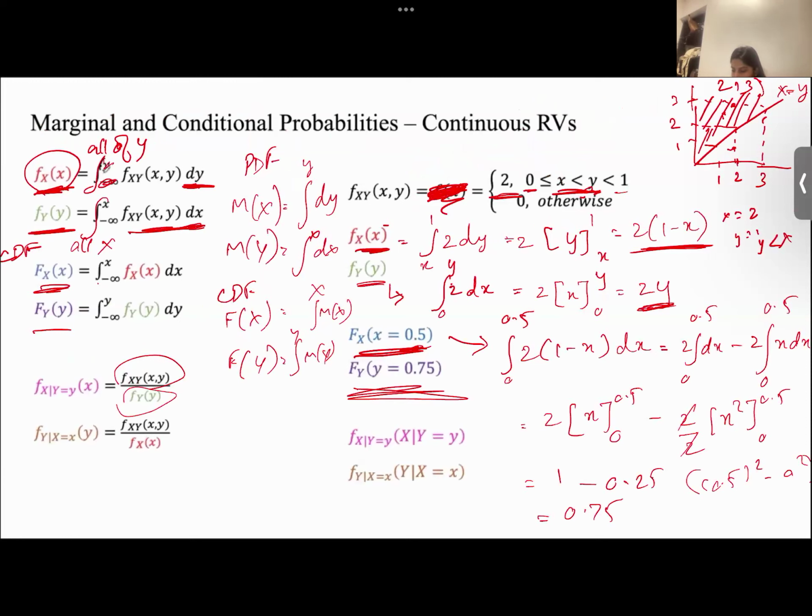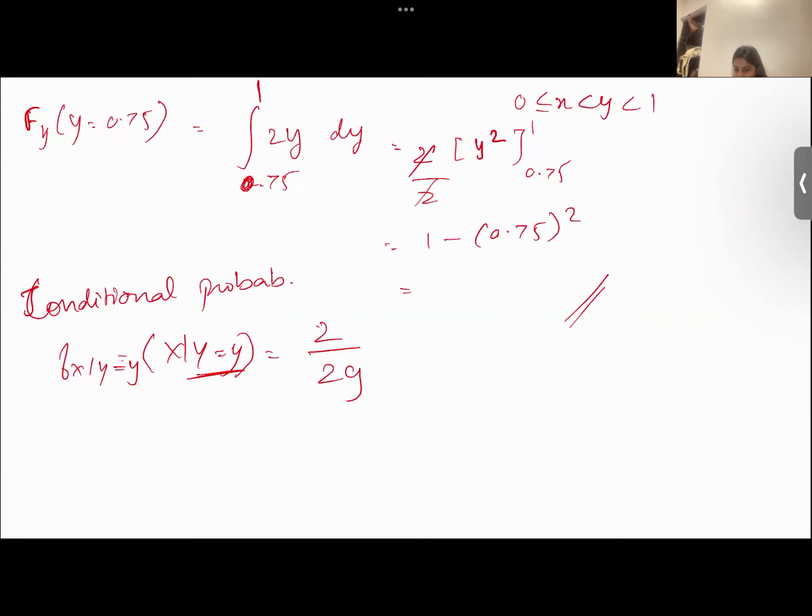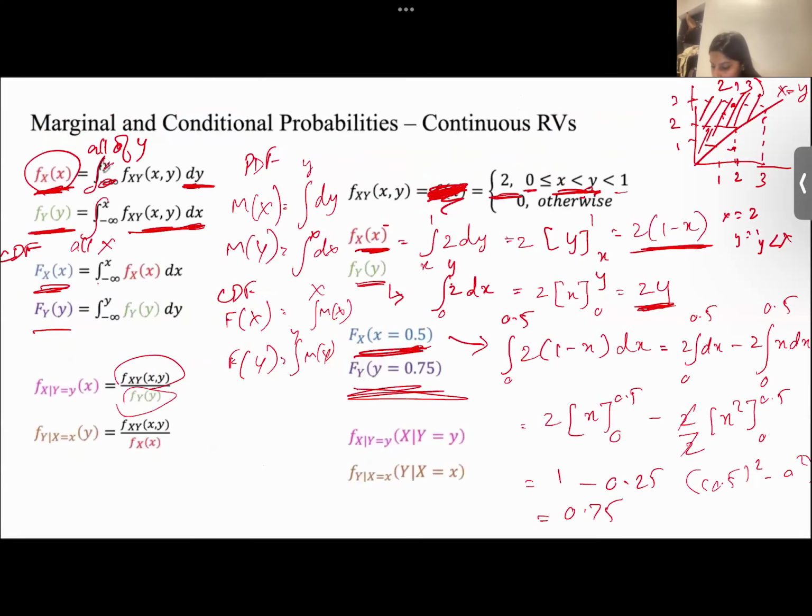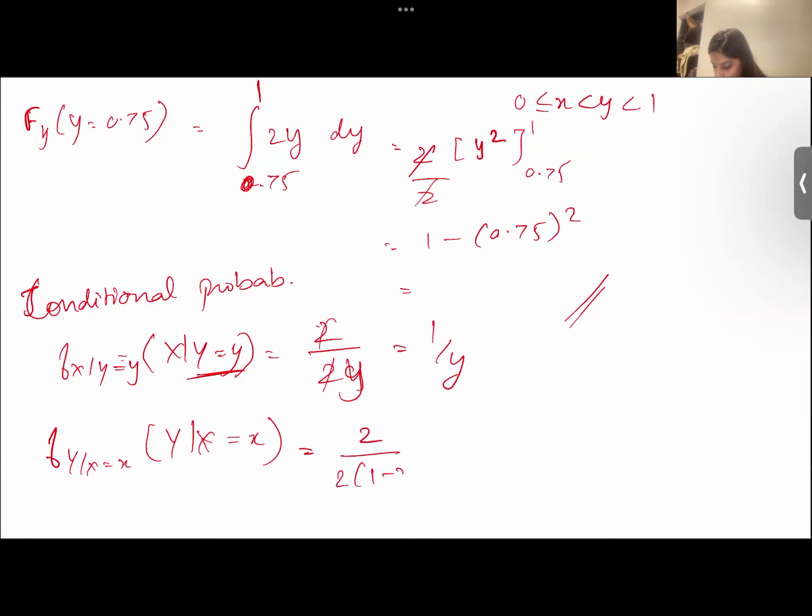We calculated it here, 2y, right? The marginal probability of y here is 2y. So we write 2y, we cancel these, 1 by y. And similarly, f of y given x is equal to x. Your joint probability is 2 divided by the marginal probability of x, which was 2 into 1 minus x. The 2s cancel. So you'll have 1 by 1 minus x. So that's it. This is how you calculate these.